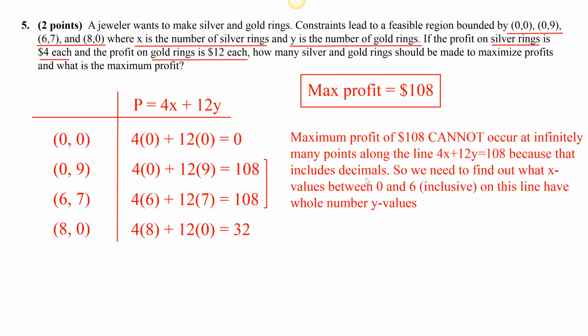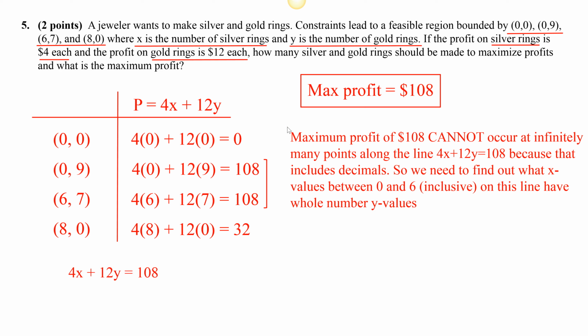This is simply because if you say that the objective function is maximized at infinitely many points along the line, remember that infinitely many means that we are using decimals, okay? And you can't have a fraction of a ring. It's not possible, okay? So since it's a real life situation, we need to find the whole numbers.